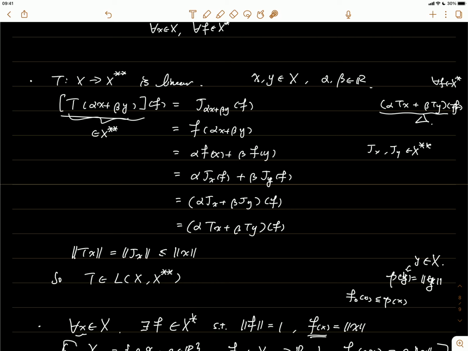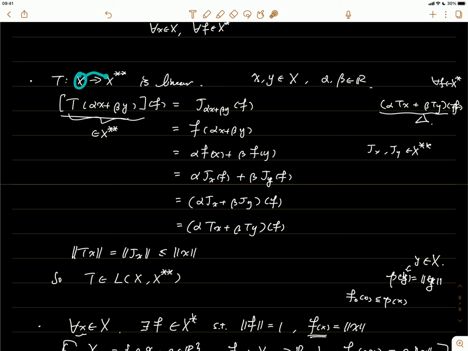Okay. But remember, this is a Banach space, and this could be a normed space, which may not be complete. But if it is complete, if this one is a Banach space, and the dual is also a Banach space, then we're actually making an isometric embedding from this X to a subspace of the bidual, which is also closed.